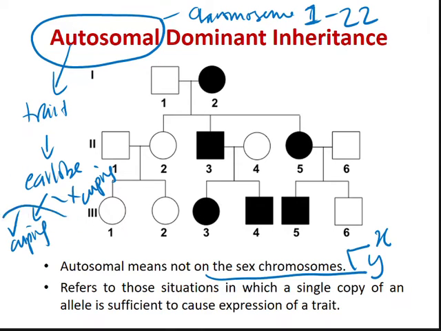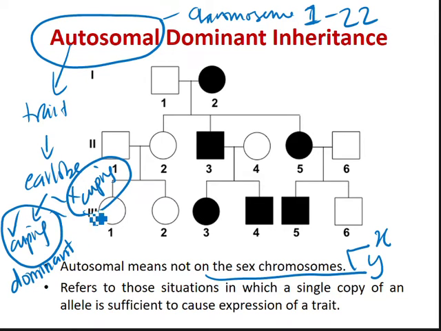So this one is dominant over this one. So this is recessive. Okay. So you only need one allele of this gene for you to have earlobes. If you don't have earlobes, it means you have 2 recessive alleles for that gene.